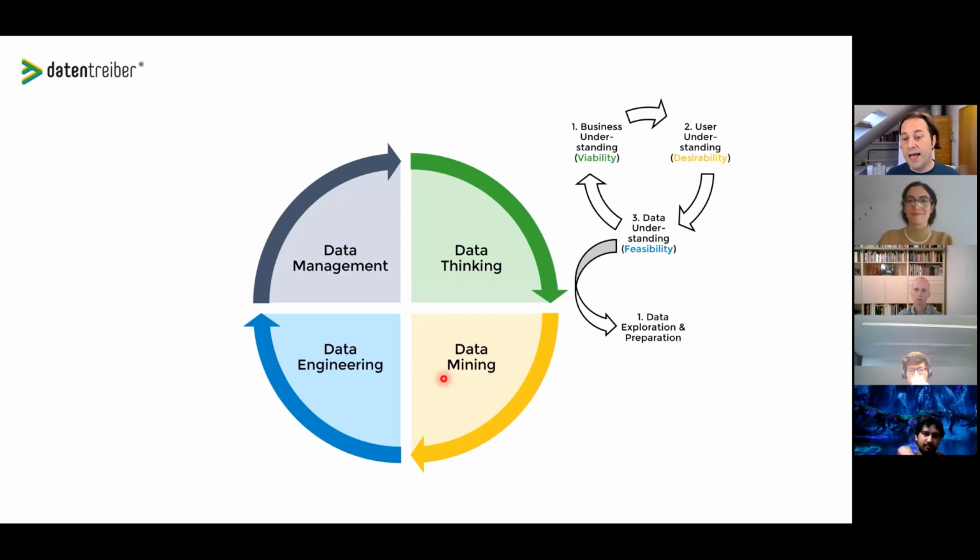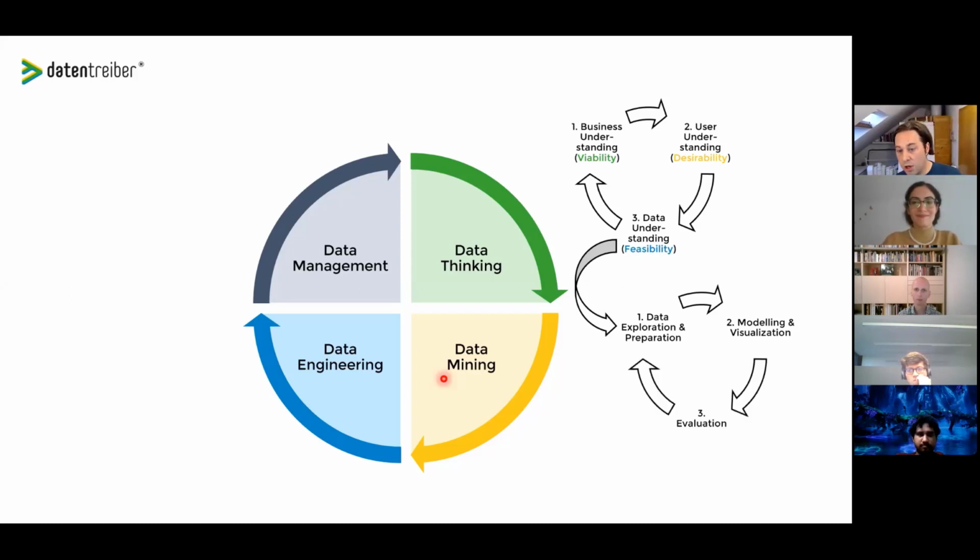And then you do the modeling, the visualization, you evaluate your models. And often it's not a linear process. Often you go back, you learn something new, you have made wrong assumptions. And as I said, it's more like a lot of cycles in a bigger cycle.